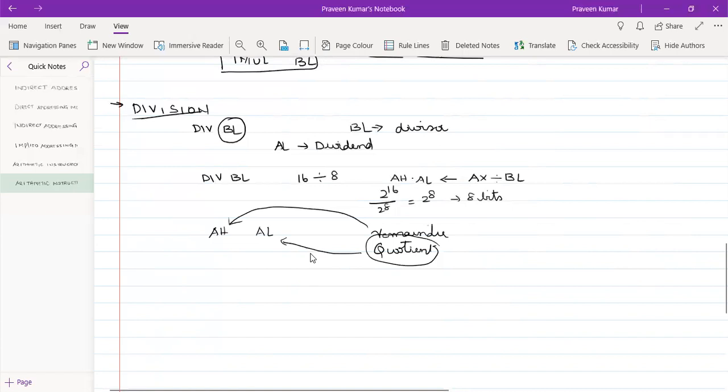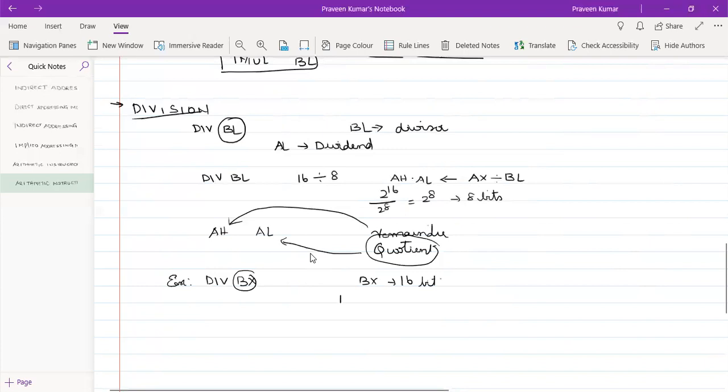In division, for another example, if I say DIV BX, what will it be doing? The moment I say BX, it is 16 bits. So BX is a 16-bit divisor. It usually does the operation upon the larger number.